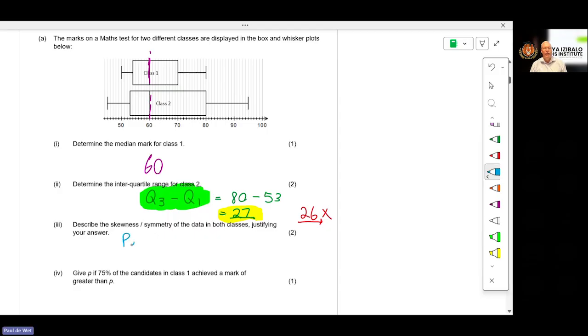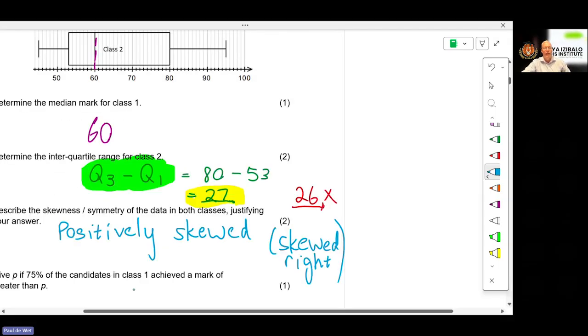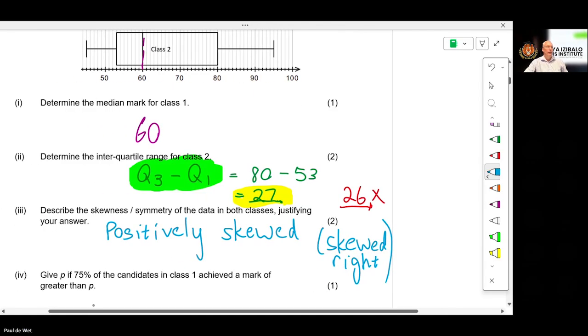Well done. It's positively skewed for both of them. Can you tell me why? Okay, I'm going to correct you there. The other name for positively skewed is skewed right. Now I want you to listen very carefully to what this learner said. She said there is more data to the right, i.e. the median is in the middle.